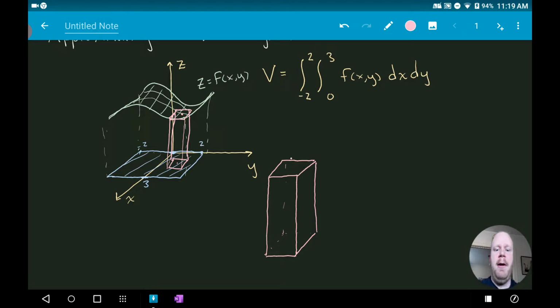So just talking about the dimensions of this, we're going to label them generically for now. This is going to be delta y across this side. This measurement here is going to be delta x from here to here.